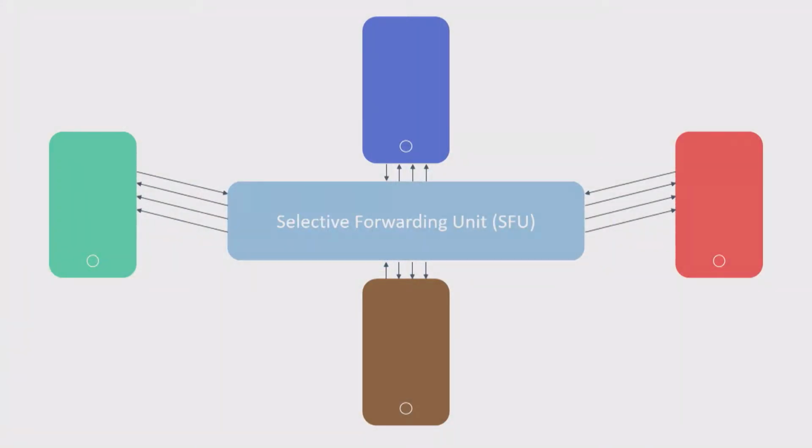A selective forwarding unit is nothing fancy. It's just a server, and it acts as one of the participants. Clients connect to the SFU using WebRTC, publish their content, and then subscribe to other participants' content using the server. This way, they only ingest content once, and then they consume content from the other participants.